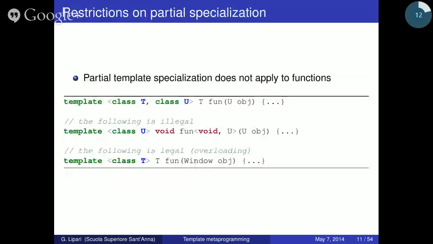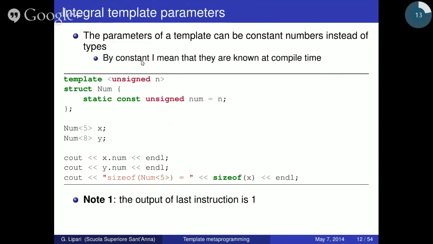So here this is overloading, it's not specialization. Okay? This is just a little detail, but just to tell you that partial template specialization does not work for functions. Okay, we are very close to the core part.